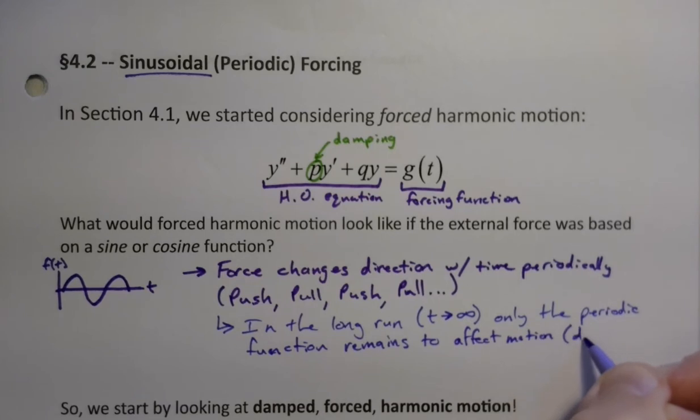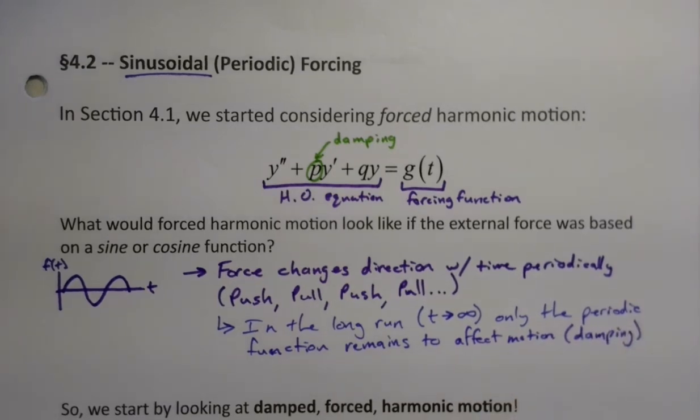And that's because we have damping, right? As long as there's damping going on, the other part is just going to die out over time, and all that we're going to have left is this forcing function.